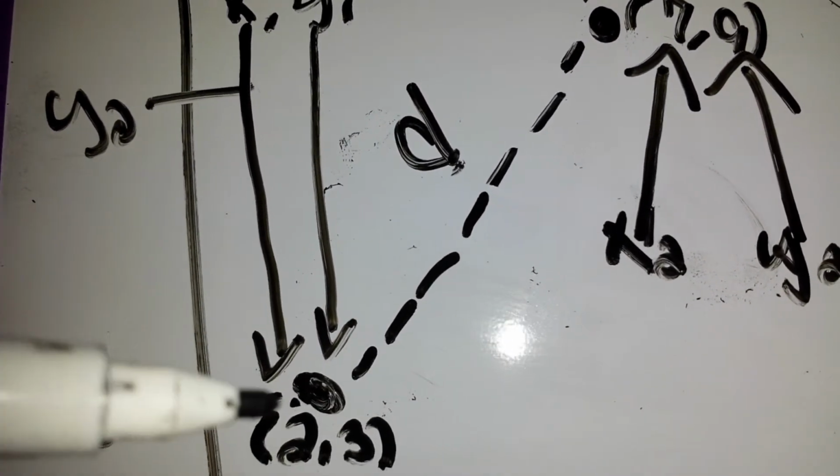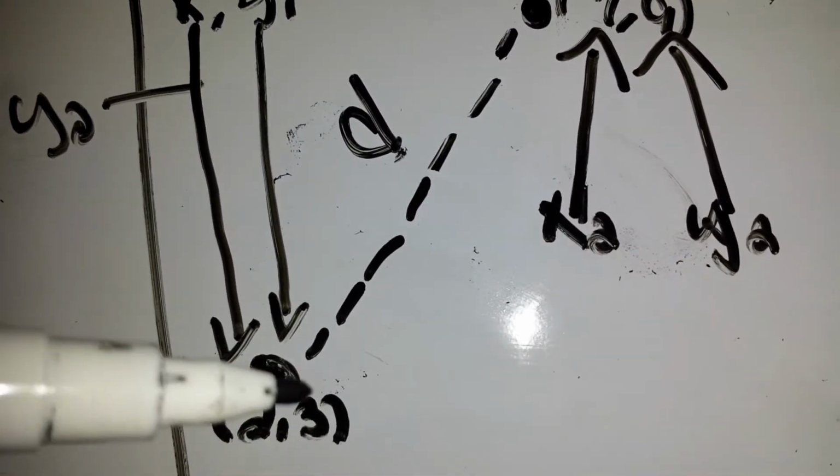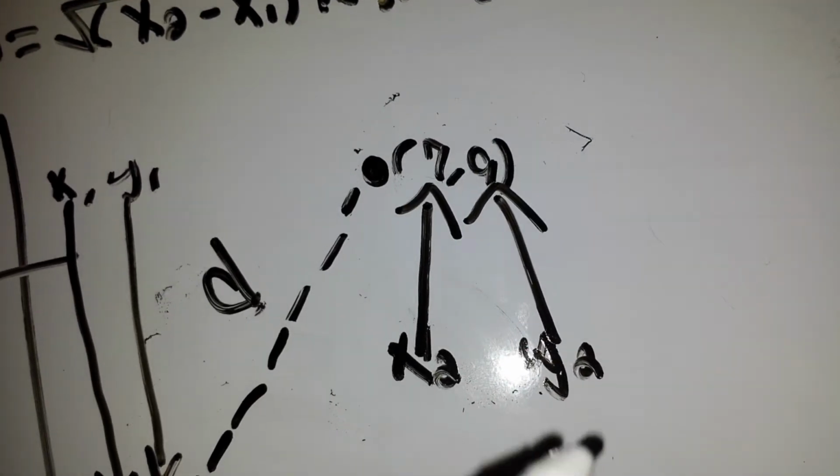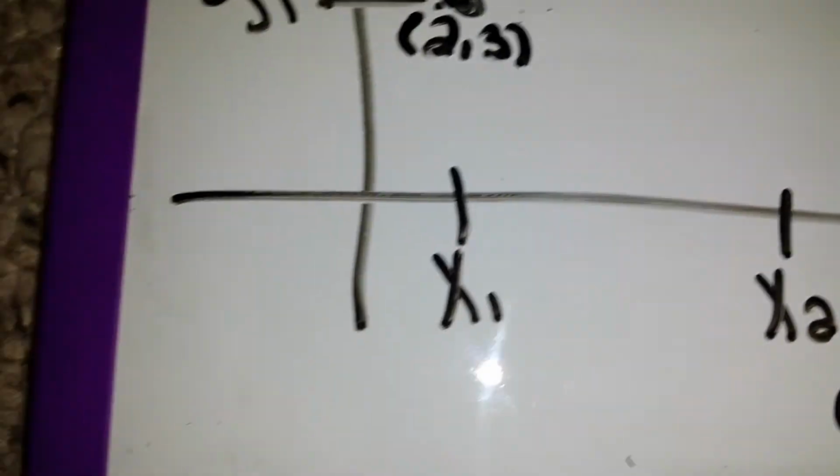My x1 would be 2, and then my y1 would be 3, my x2 would be 7, my y2 would be 9. So the distance formula says x2 minus x1 squared plus y2 minus y1 squared. And of course you take the square root of that.